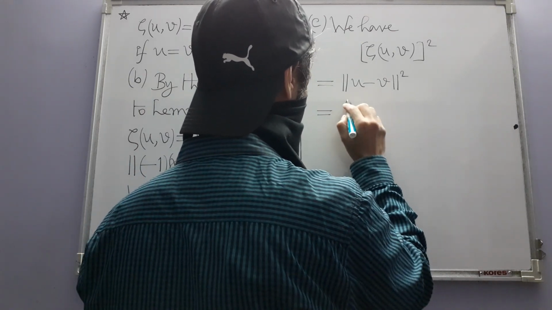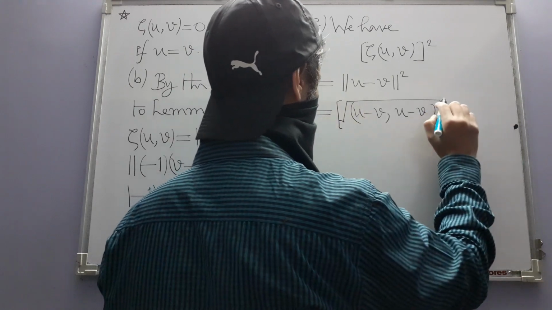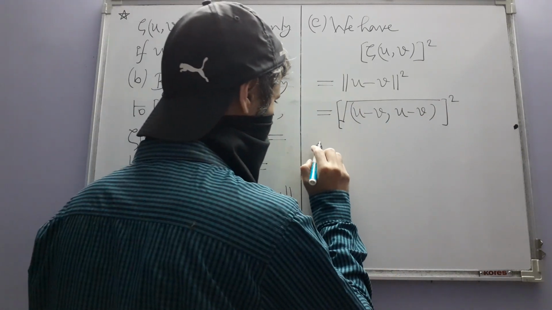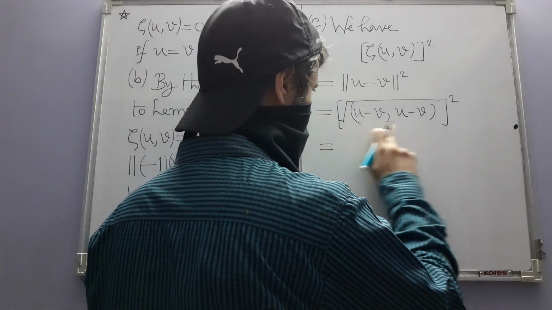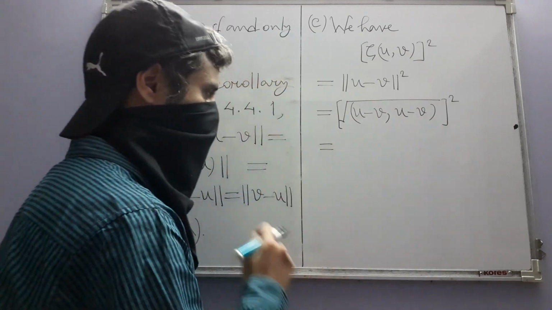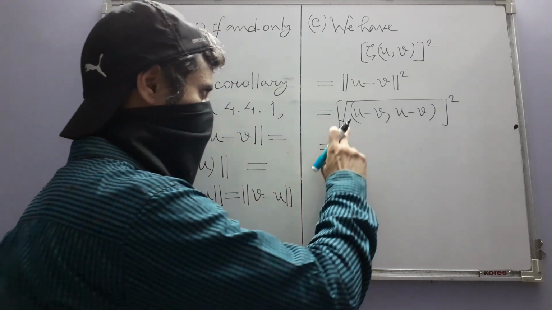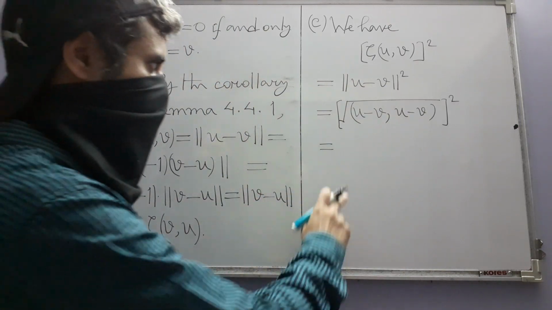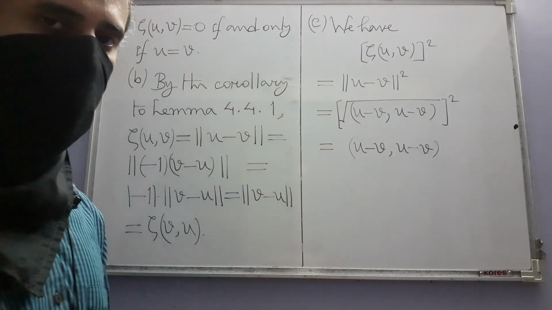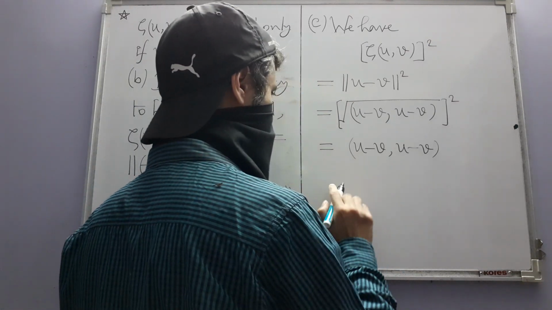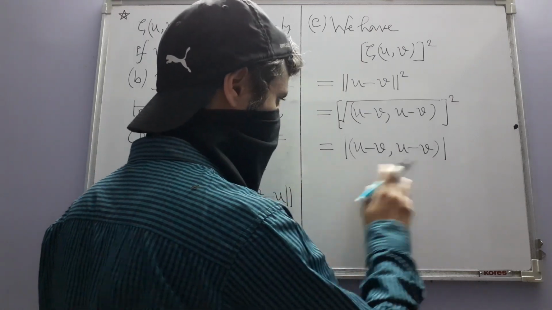Now it is this. Now we know a property that comes from the axioms in the definition of an inner product, that this inner product, not the square root, not the square, but only the inner product value, because the vectors are the same, is a non-negative real number. So if we cancel square and square root, we can in fact just simply write this, because this value is non-negative. Since it's non-negative, it's also equal to its own absolute value. So that's why we are writing absolute value. We will see why we need absolute value.